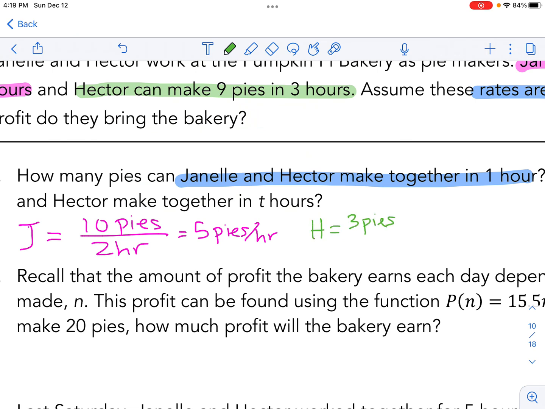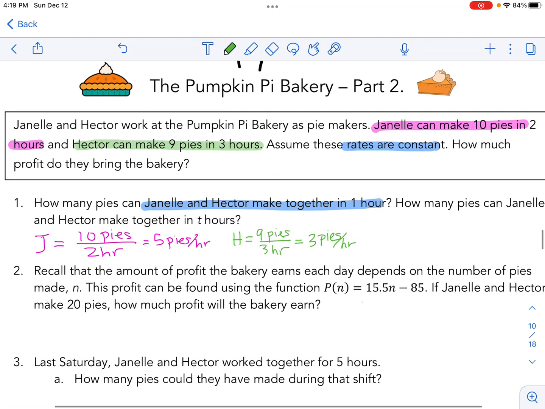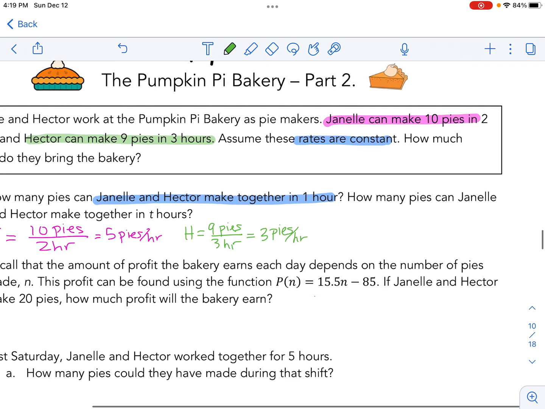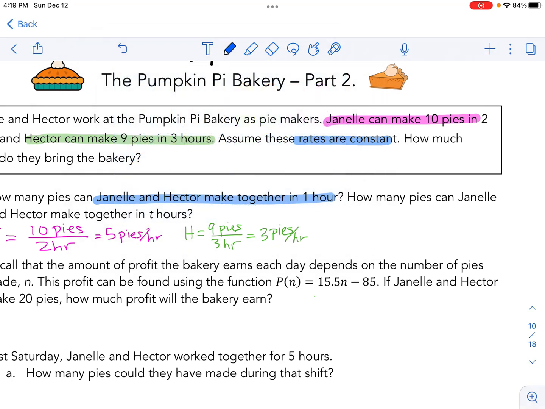And then we know Hector can do 9 pies in 3 hours, and so Hector makes 3 pies per hour. So that's their hourly rates, and since those are over the same time period, then we know that we can just add those together to get the number of pies made in an hour.